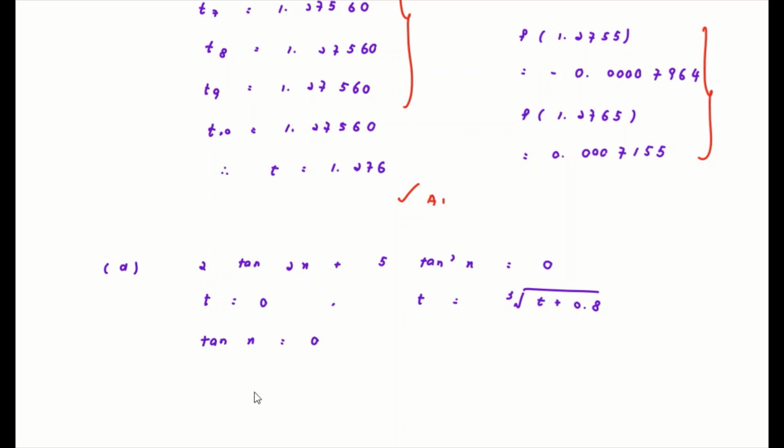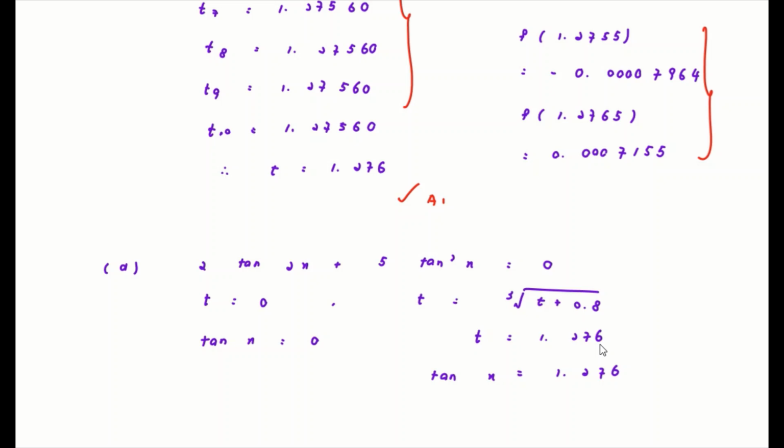So you need to find out your x. Then for this case, just now we solved already, right? It's 1.276. So you can write down your solution first. Okay, so for this one, t is equals to 1.276. So that's why tangent x is equal to 1.276.